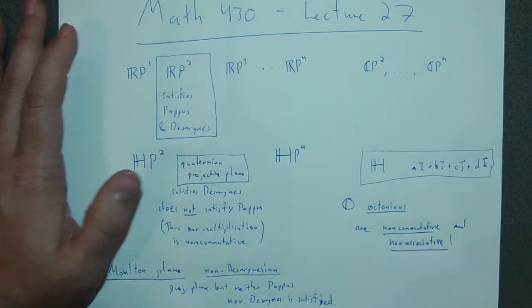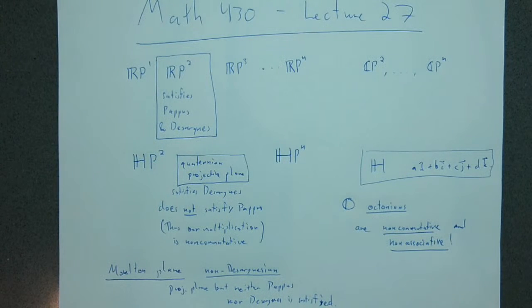If you haven't seen this before, this is almost certainly the first example of some kind of number system that is non-associative, right? Because even matrix multiplication is certainly associative. Most products of any kind you've ever seen are associative, at least. So in this case, the Octonians define a system that is non-commutative and non-associative.